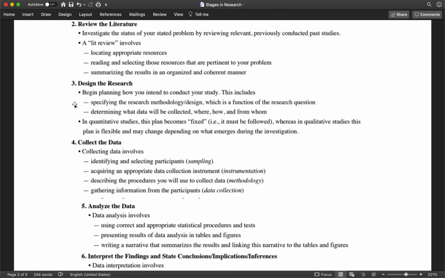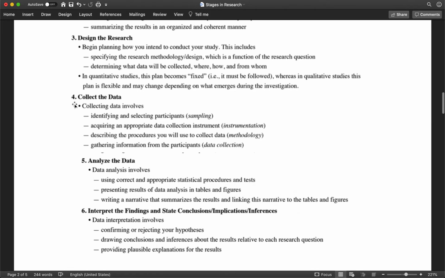Descriptive in the sense of not quantitative descriptive, where you're looking at results based off numbers or charts or things like that, but descriptive in terms of words, looking at what they're really saying and coming up with an overall logical idea that they're all saying, right? So that's qualitative. So it just depends on what emerges during that investigation. So that's designing the research.